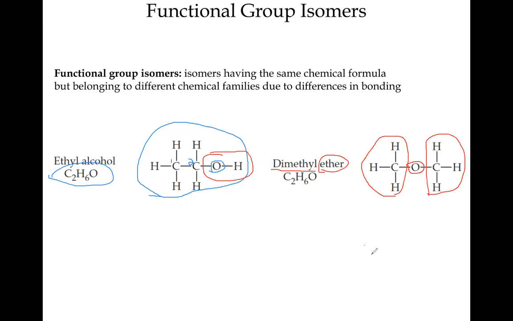If we had something like this, where there's a methyl group here, and instead of this being a methyl group, this was an ethyl group, then this would be different.